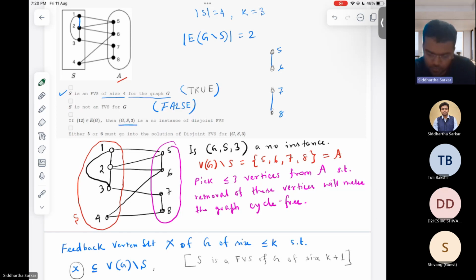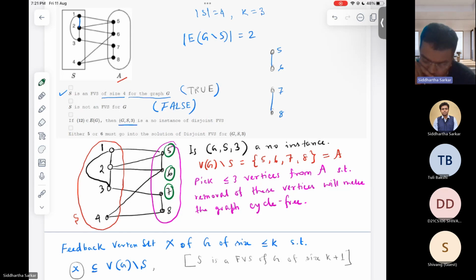5, 6, and 7. So you're saying that if 5, 6, and 7 are deleted, then the entire graph will become acyclic. So okay, delete 5, 6, and 7. Then once you delete these 3 vertices, all the edges that are incident to 5, 6, and 7 will also be deleted, right?